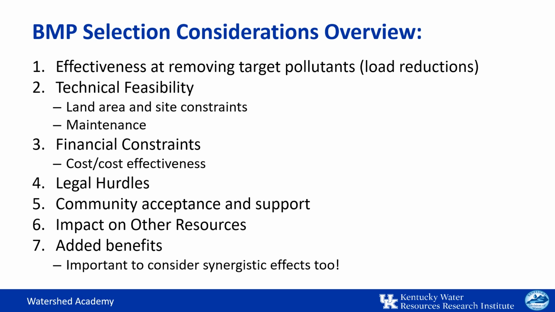There are also financial constraints, legal hurdles, community acceptance and support, impact on other related resources, and some added benefits that may be achieved from synergistic effects of working on similar related initiatives. We're going to go through each of these considerations individually in more depth on the following slides.